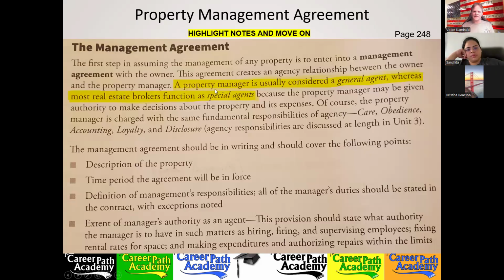So let's highlight that manager is usually considered a general agent, whereas most real estate brokers function as special agents. We all owe fiduciary duties to our clients, though.